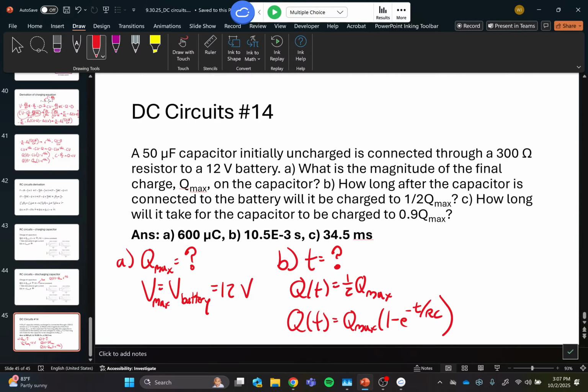You just have to be careful to use the charging equation, not the discharging equation. You will get the wrong answer if you use the discharging equation for part C.